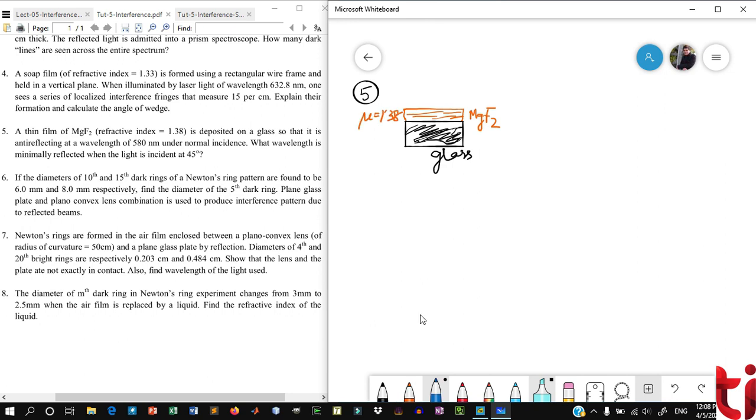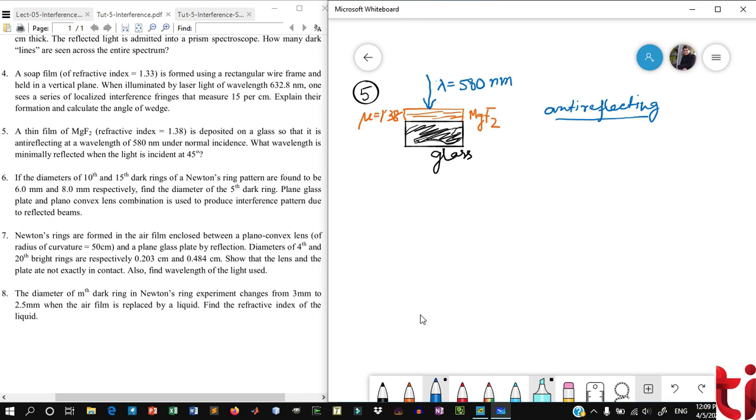When the light falls normally onto this surface, the magnesium fluoride surface becomes anti-reflecting. So what do I mean by anti-reflecting? The light falls on the surface, then the surface does not reflect any light. Everything gets absorbed or everything gets transmitted. So no light is reflected.